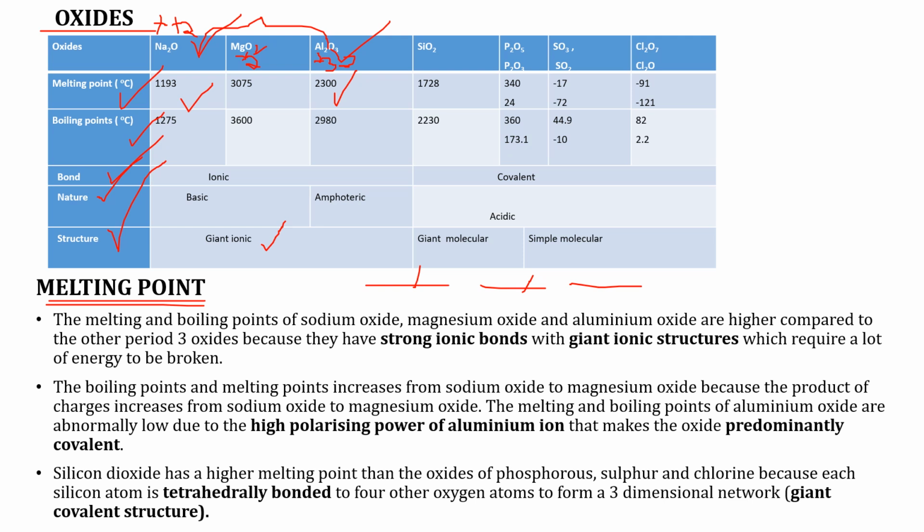The other reason is that the cationic radius in aluminium oxide is smaller than that in magnesium oxide, and that determines the strength of the ionic bonds. So you talk about the structure, you talk about the forces holding the structure, and then you determine what affects the strength or magnitude of those forces.